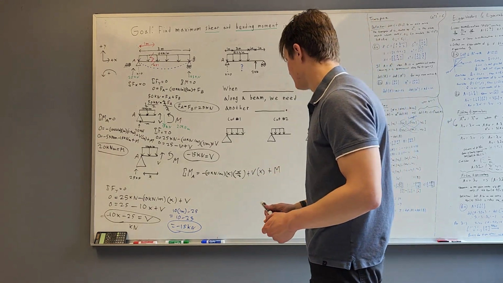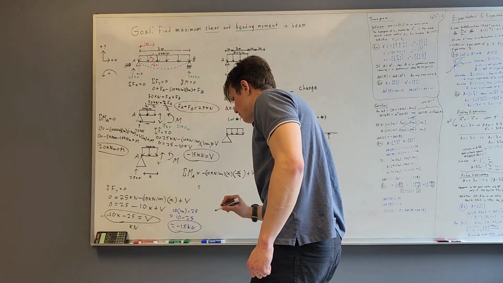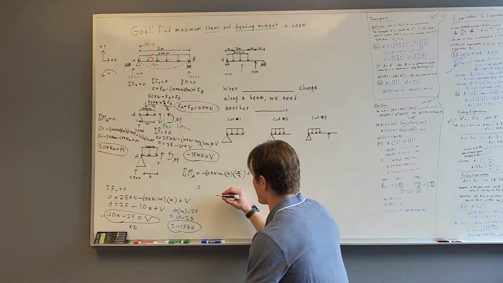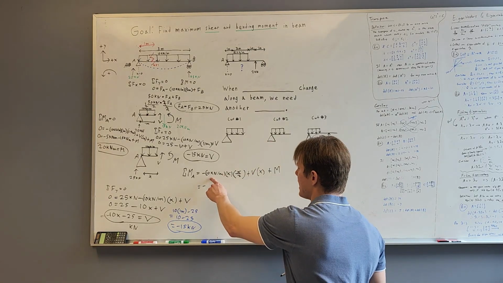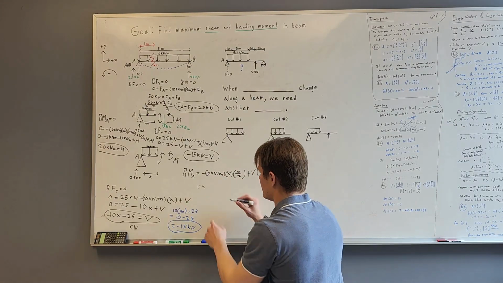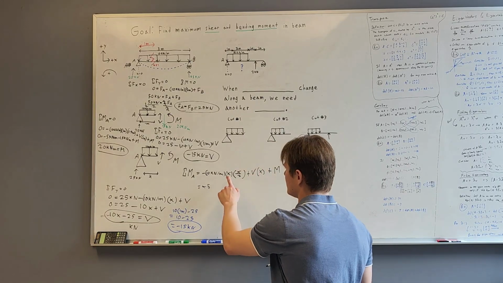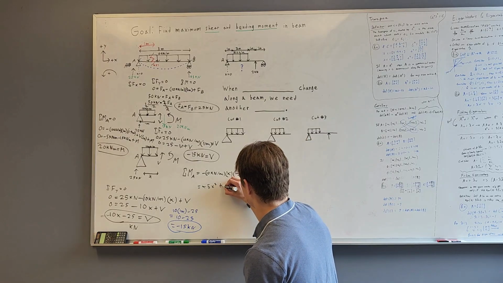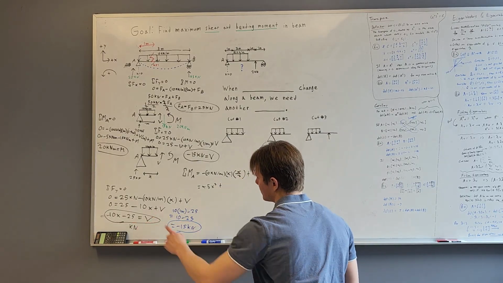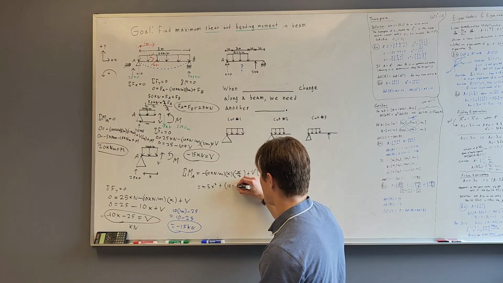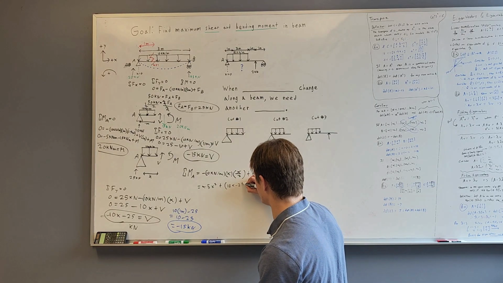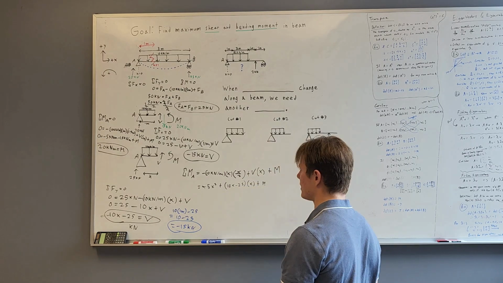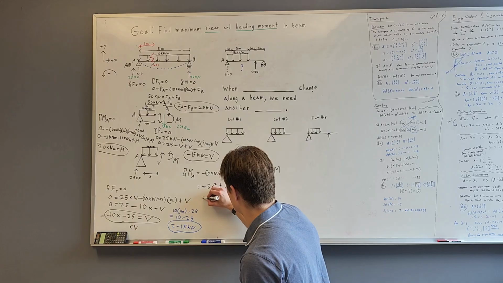So then we can simply sub in, so we'll get equals, negative 10 divided by 2, so that's negative 5 times x, so negative 5x squared, plus V, we can sub in what we found over here, 10x take away 25 times x plus M. And then let's simplify this further.